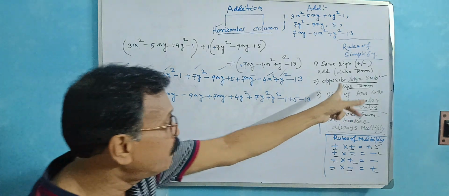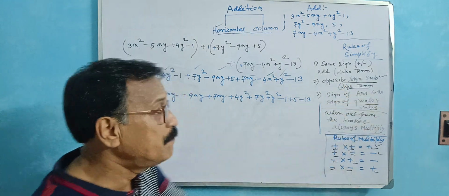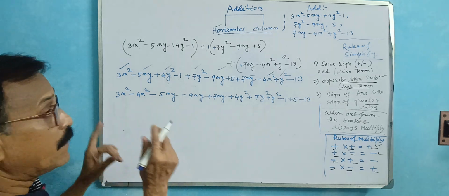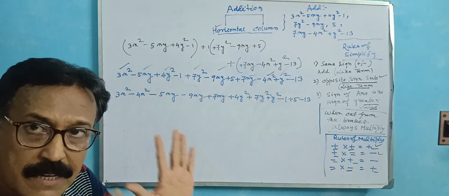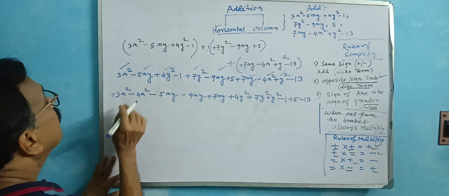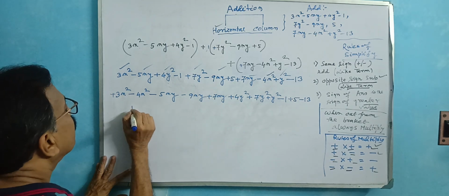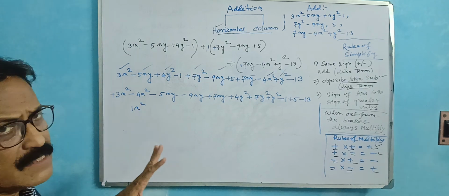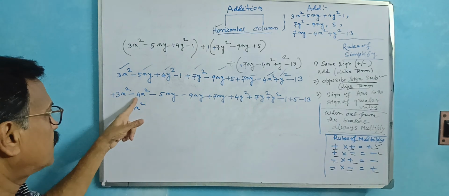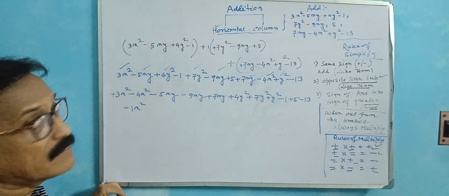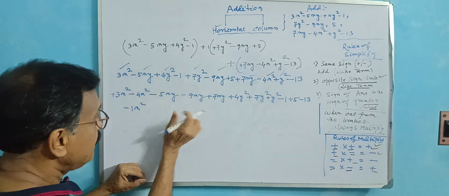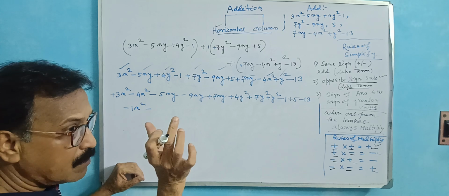Now here is the rule of simplify. Same sign addition, opposite sign subtraction. So 4 and 3, 1 x square, or you write x square. Which one is the greater? 4. What is the sign of this? This is minus, so here is minus. Same sign addition, first you add it. Don't hurry.